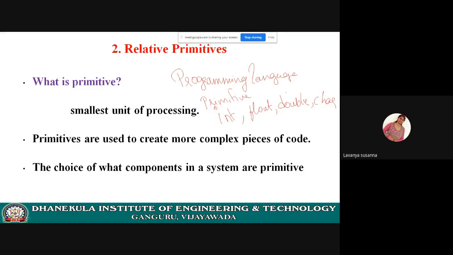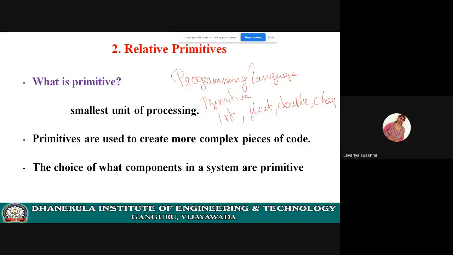In the same way, coming to the complex system, there will be primitive components. You need to identify those primitive components. When all these primitive components join together, you will get a complex system. I hope you understood what is meant by relative primitive. Primitive means smallest unit or basic thing.